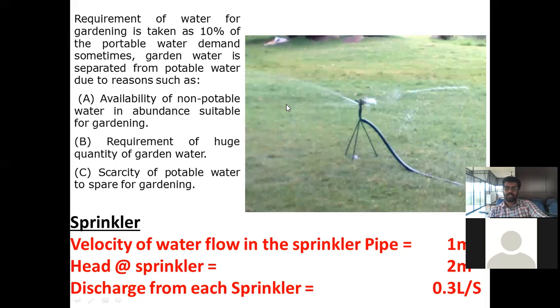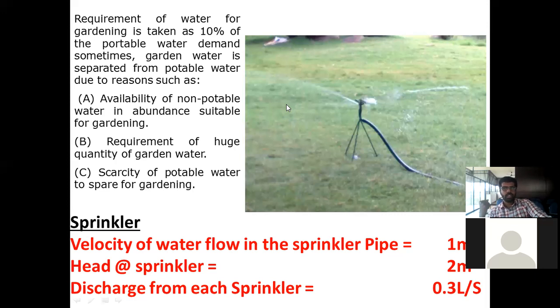We know that potable water is very scarce, so we cannot use that water in huge quantities. In such cases, garden water is separated from the potable water. If the requirement is very huge, we cannot use potable water at all.